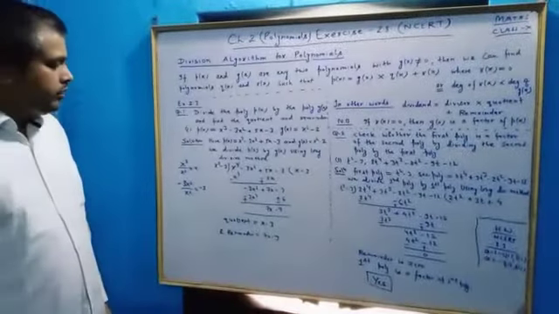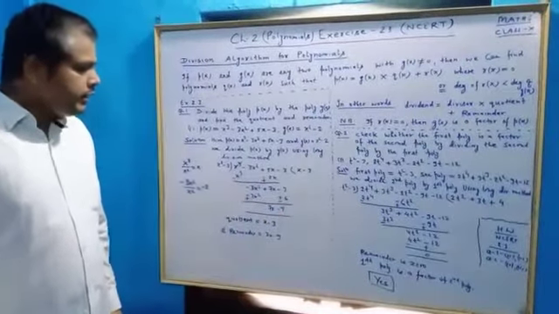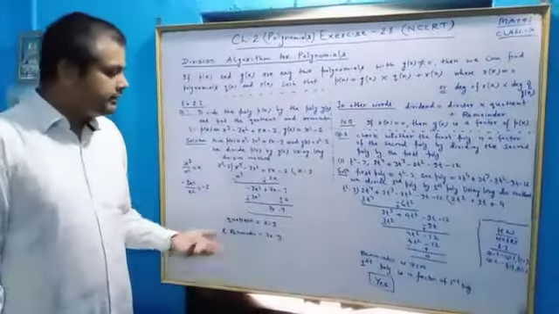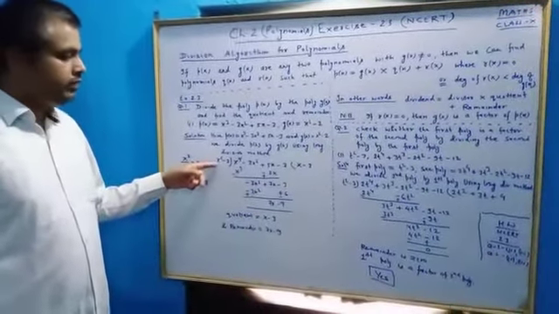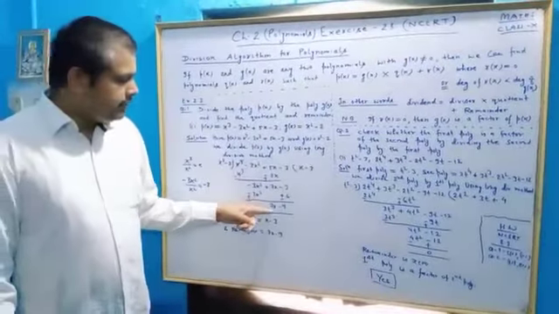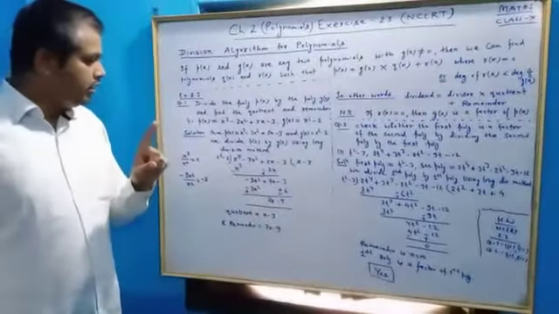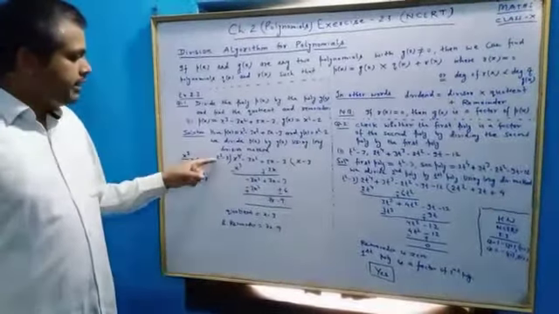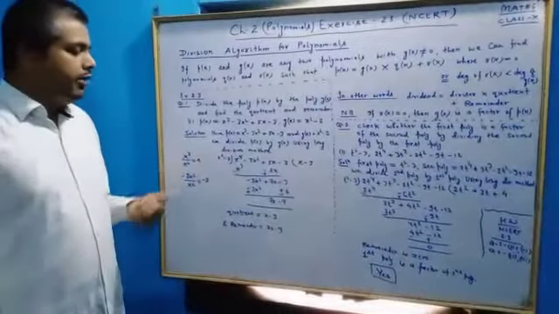Now we see that the degree of 7x minus 9 is 1, and the degree of divisor is 2. So the degree of 7x minus 9 is less than the degree of divisor.